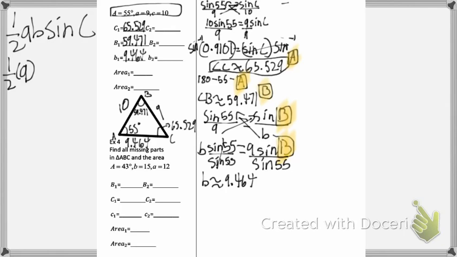And side B, let's save side B for letter C. So that will equal letter C. And now we do 1/2 and then times letter C.